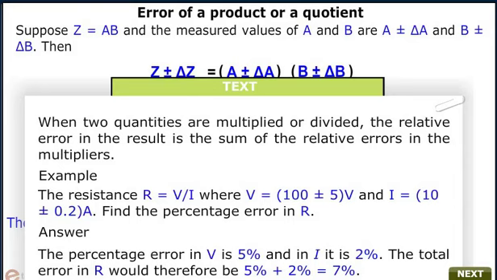Find the percentage error in R. Answer: the percentage error in V is 5% and in I it is 2%. The total error in R would therefore be 5% plus 2%, which is equal to 7%.